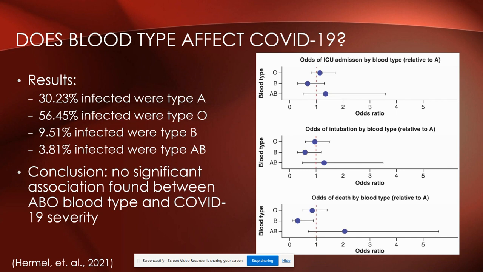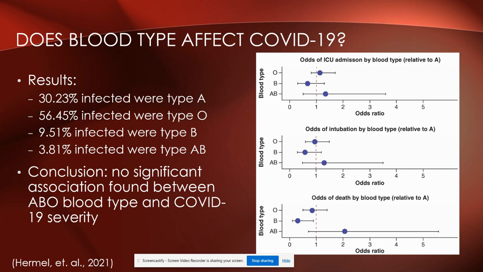We see a lot of type O, a little bit more type A, a little less type B, and then obviously the most rare is type AB. That's pretty much normal and on trend with our phenotype populations in general.